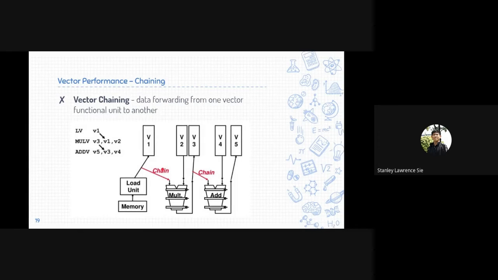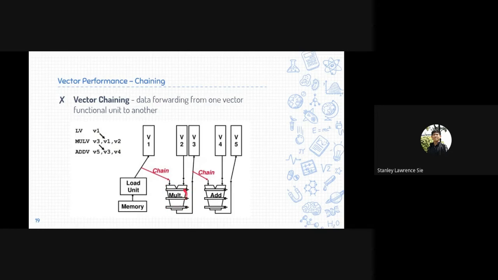However, in vector processors, there's what we call vector chaining, which is the data forwarding from one vector functional unit to another. So upon the first load from the memory, once the first element of V1 is ready, it is chained, or supplied immediately, to the multiplier functional unit.